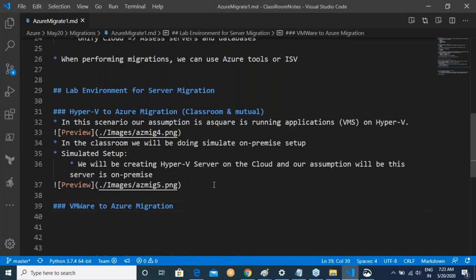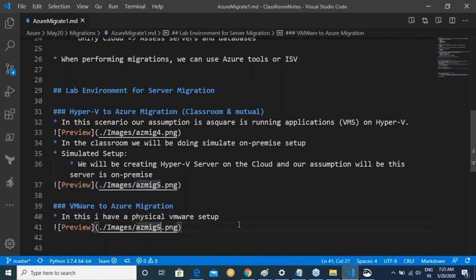In this, I have a physical VMware setup, and I will be performing this migration in the classroom.